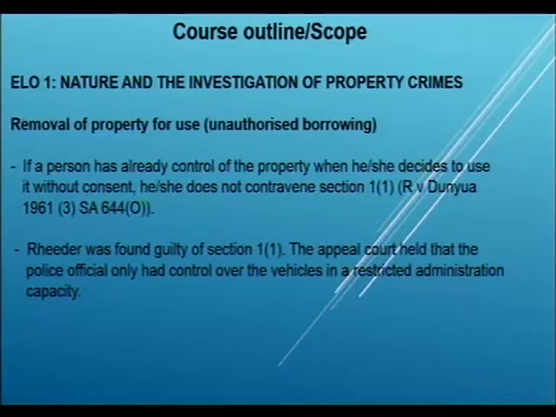State versus R versus Duyua, year 1961, subparagraph 3, South Africa Law 644. Readers was found guilty of Section 1, subsection 1. The appeal court held that the police official only had control of the vehicle in a restricted administrative capacity.